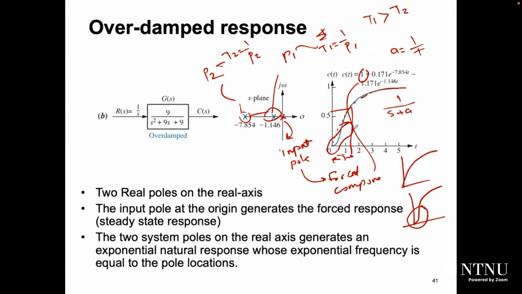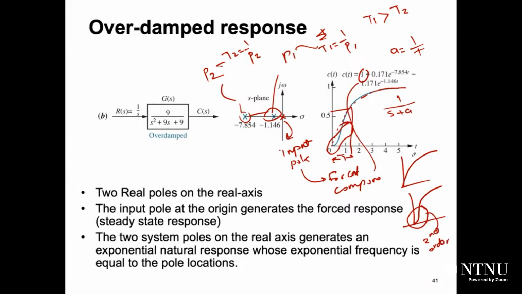So overdamped response can be decomposed into a multiplication of two first order systems, right? But one of those will be dominating. And if you want to simplify life, just assume that it's a first order system. No one cares, it's okay. We don't have a problem with that part. But just to differentiate, if you have this bulge here, it's an indication that it's a second order system, not first order, right?